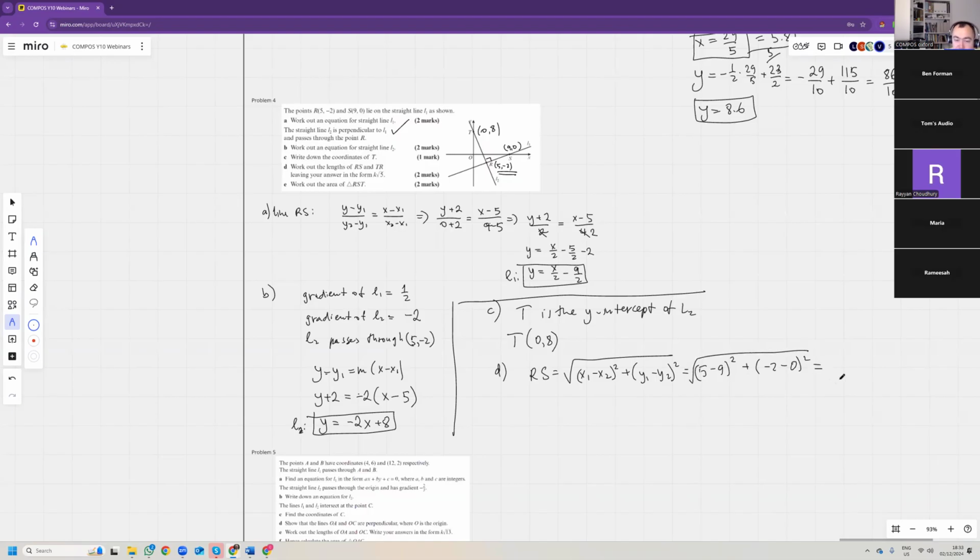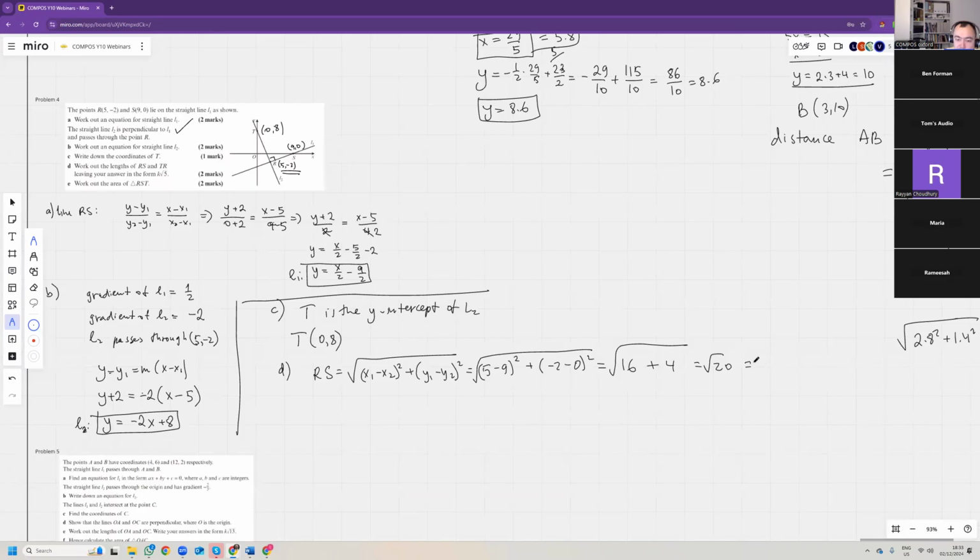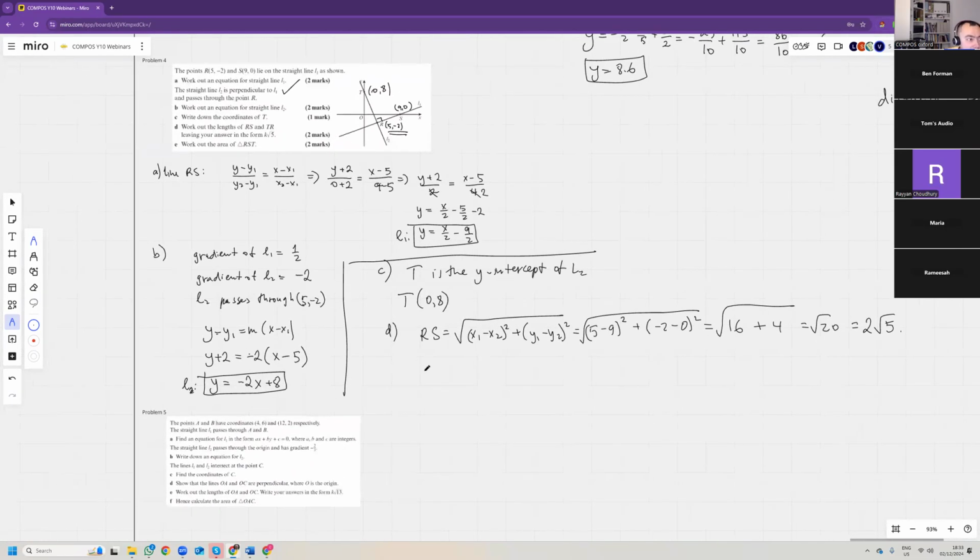Square root of 16 plus 4, that's square root of 20, which is 2 square root of 5. RS, now TR.